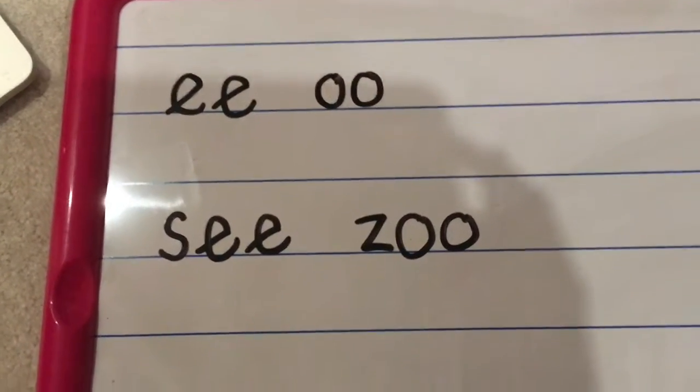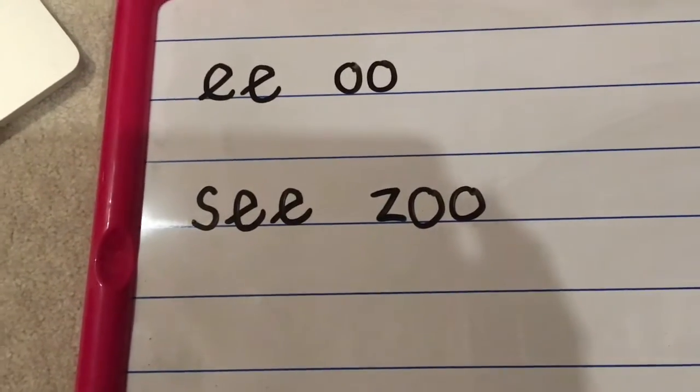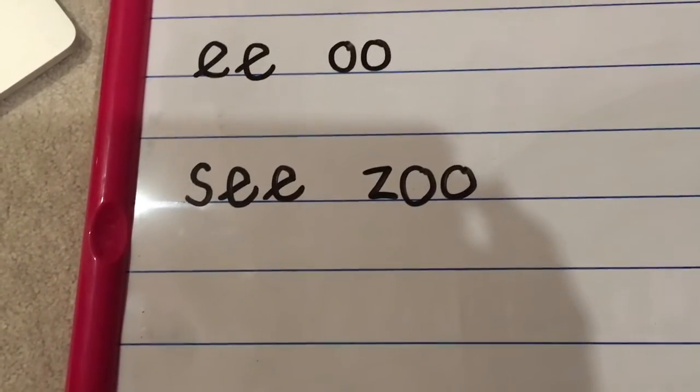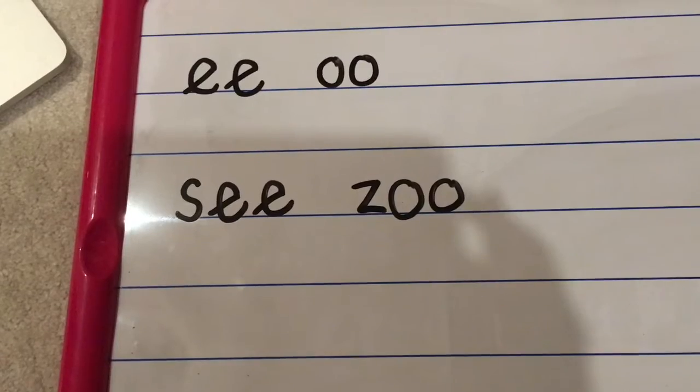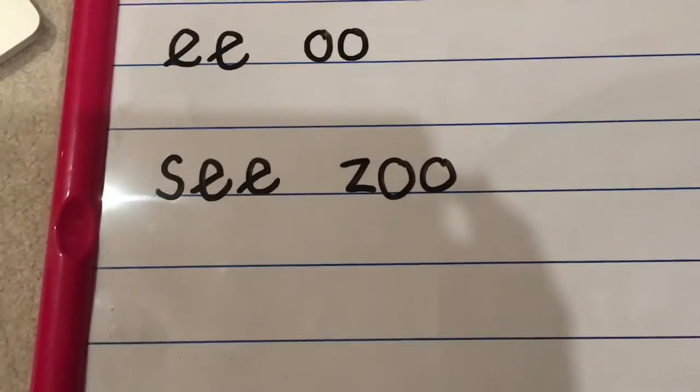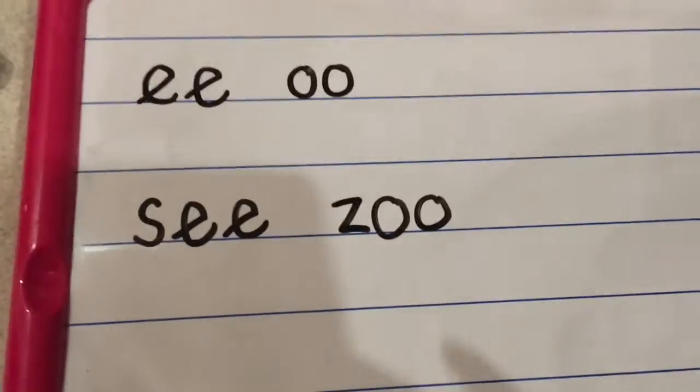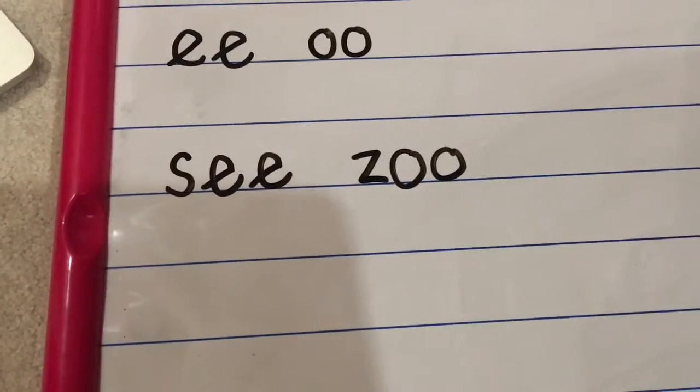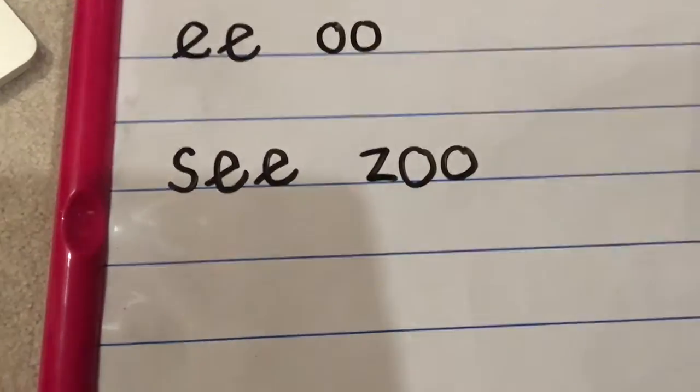But first, it's really important that we know how to write the E and oo letters. So let's practice our E's and our O's, okay? So that we would be able to make E and oo really easily throughout the week.